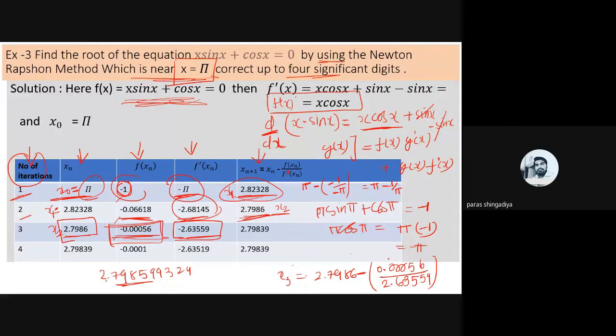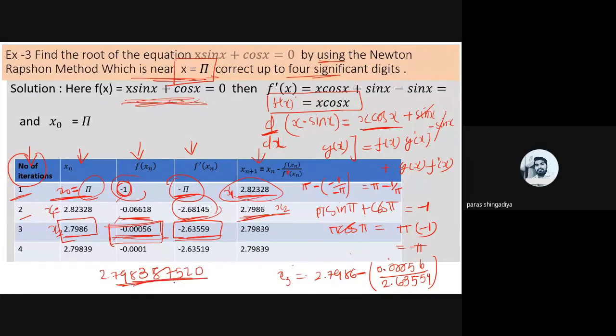Okay, so it will be 2.79838750. Is it correct? 2.7983, 2.79835 yes, 2.798387520.